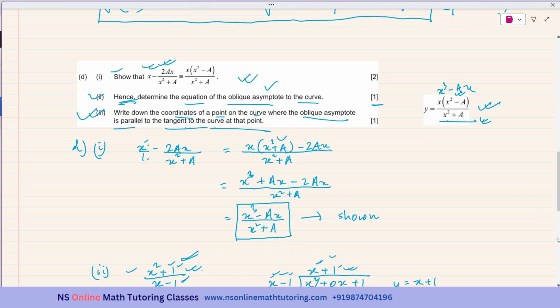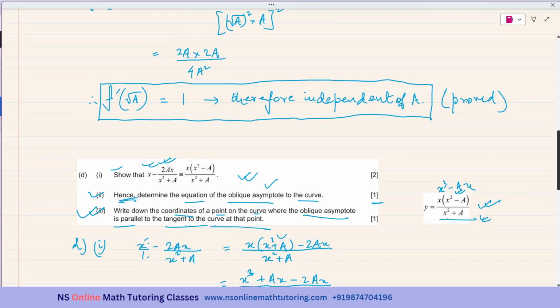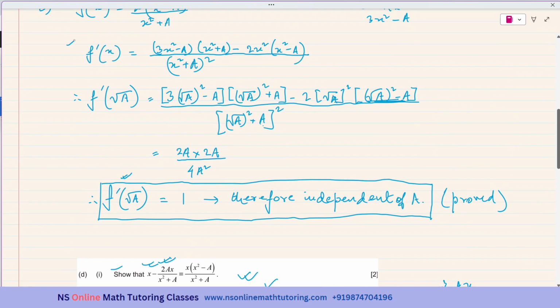So we know the gradient has to be equal to 1. Over here, you have this expression f prime of x, and you can equate this to 1 and try to get the x value. These are all x squared, this will be x to the power of 4.